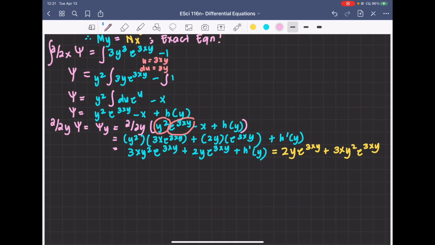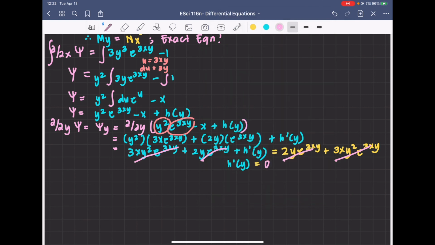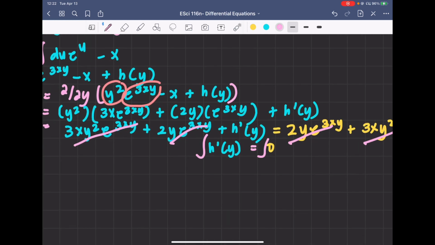So we can cancel out this term and that term because that exists in both sides. Therefore, our h prime of y is equal to 0. And integrating both sides, we get h of y is equal to c.